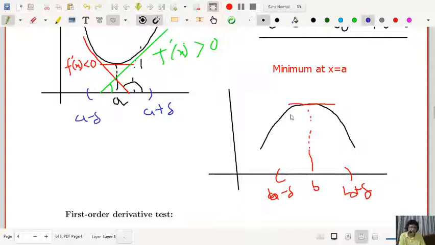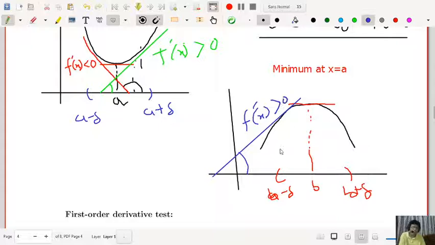You take any point in the left-hand interval, B minus delta to B. So this is the point and this is the slope. The tangent makes an acute angle, so f'(x) is positive.